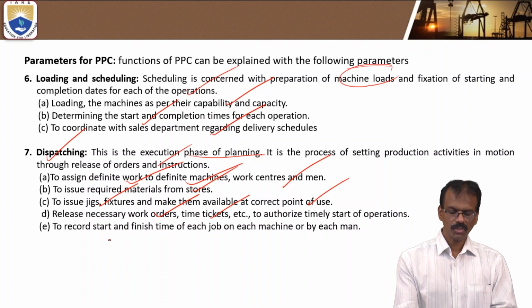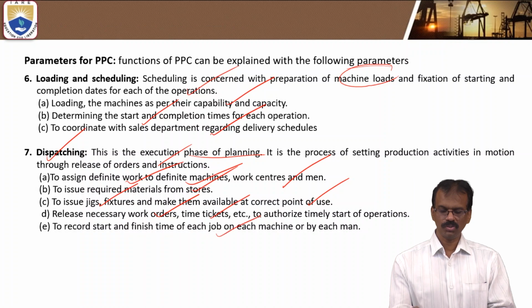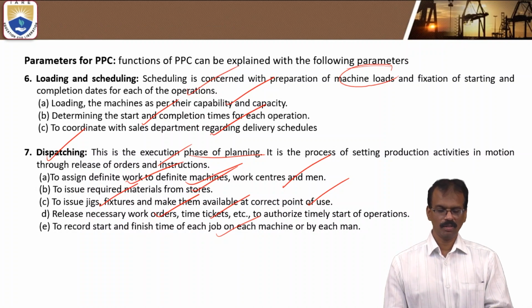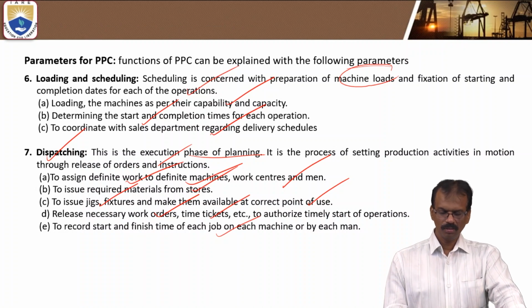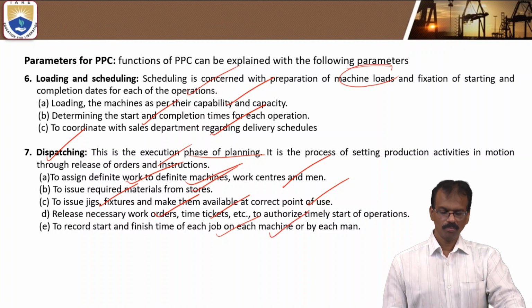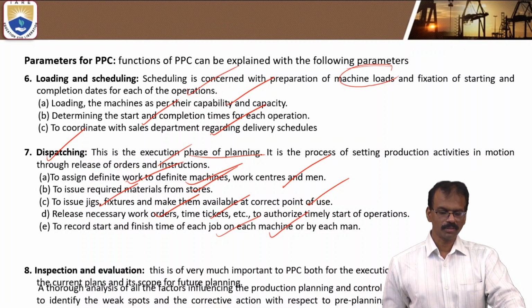Next, to record the start and finish time of each job and each machine by each man. So the recording of starting of the operation and finishing of the operation. All these plannings are very important for meeting the dispatching targets and commitments given to the customers.